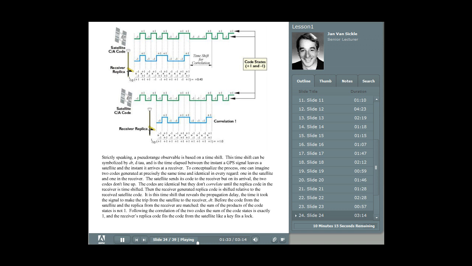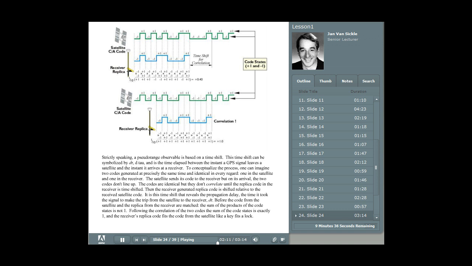There's a time shift here. You notice how the blue square wave can be shifted over, and there it is in the lower tier, shifted over, and matches, correlation. The calculation does result in a +1, and therefore the key fits in the lock, and the receiver knows that it is correlated to the incoming signal. The interesting thing about this is that that time shift for correlation gives the receiver the amount of elapsed time that it took the signal to come from the satellite to the receiver.